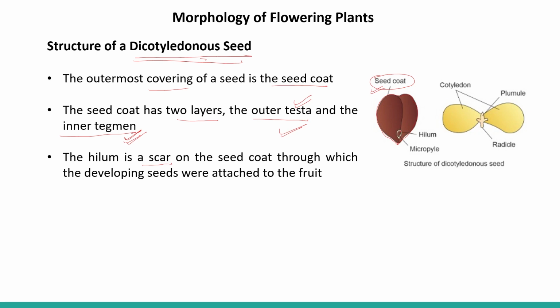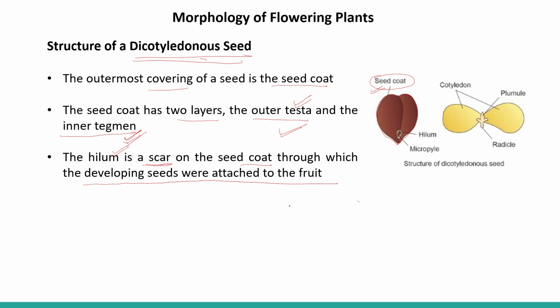The hilum is a scar. On the seed we can see a scar-like mark, and that scar on the seed coat is called the hilum, through which the developing seed was attached to the fruit.